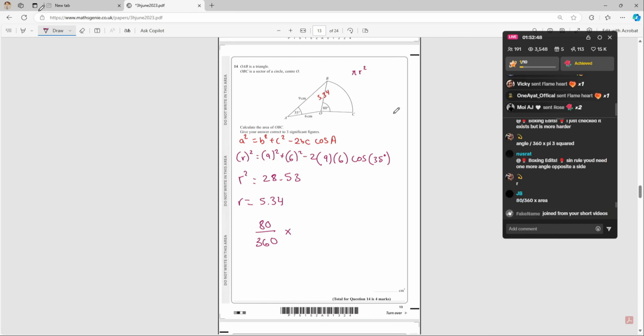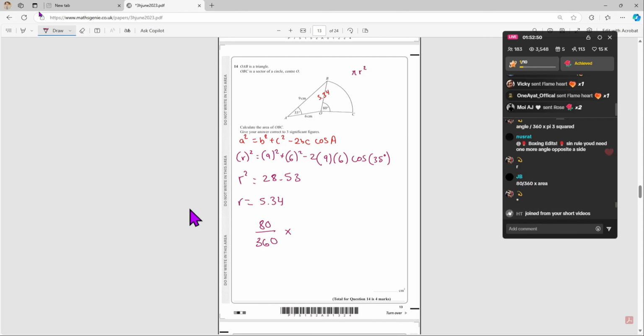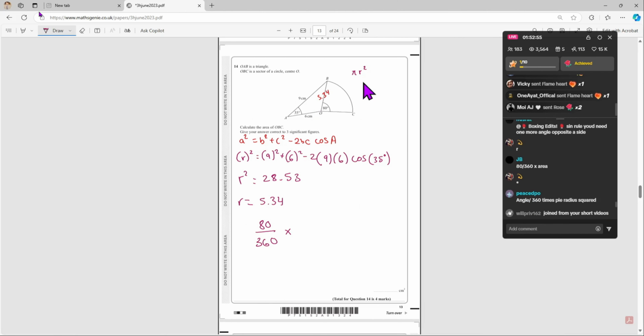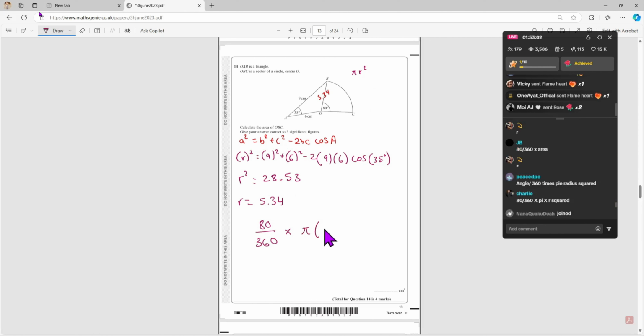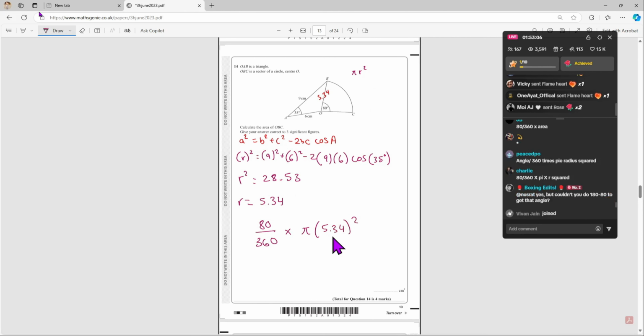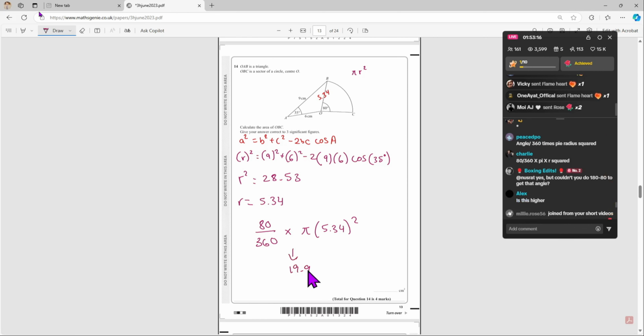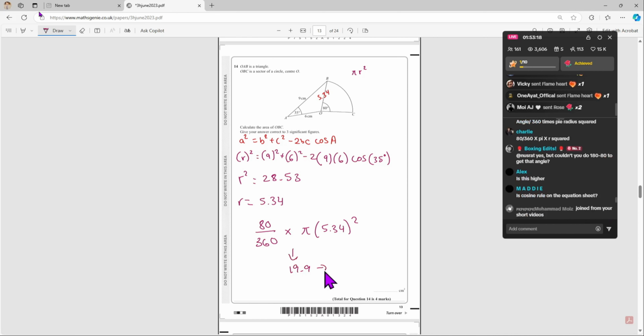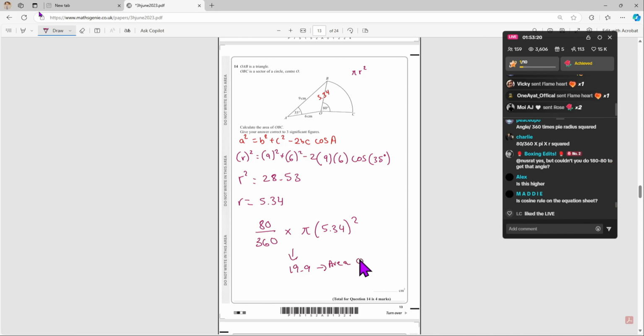The whole point of using the cosine rule was to find the radius. The radius is 5.34, so it's going to be times pi times 5.34 squared. Once we have done that, you put this into your calculator and you get 19.93, and that's going to be the area of the sector OBC.